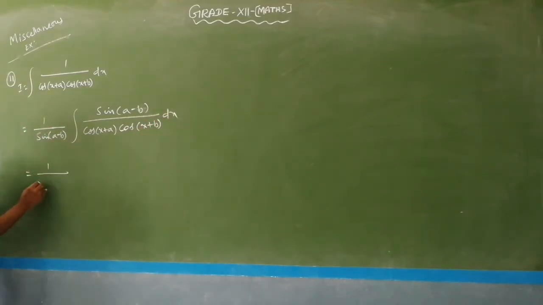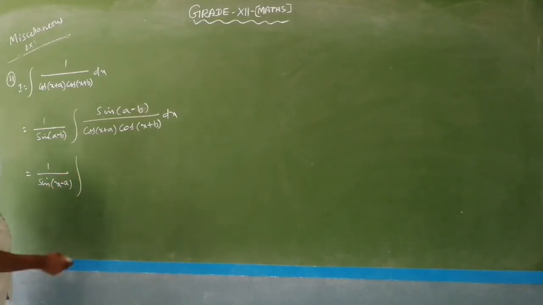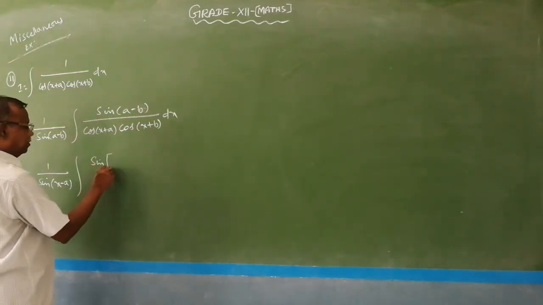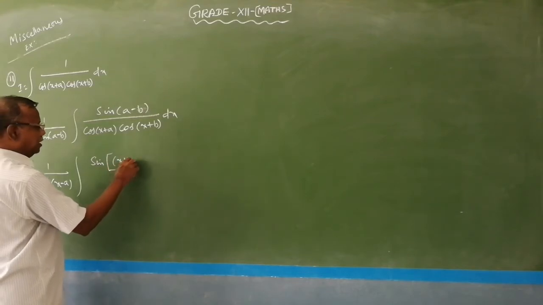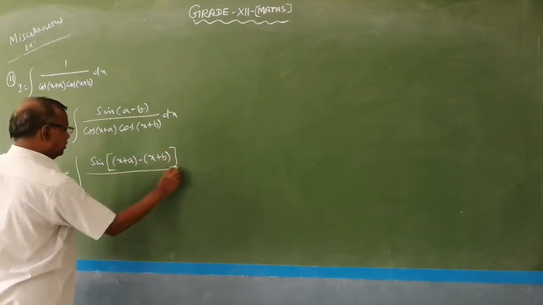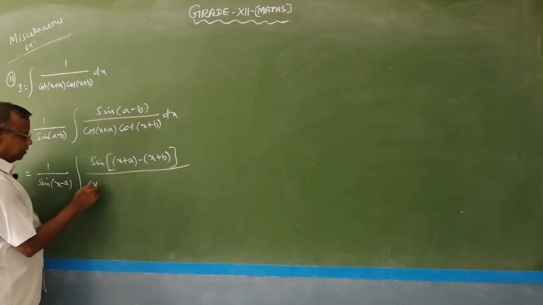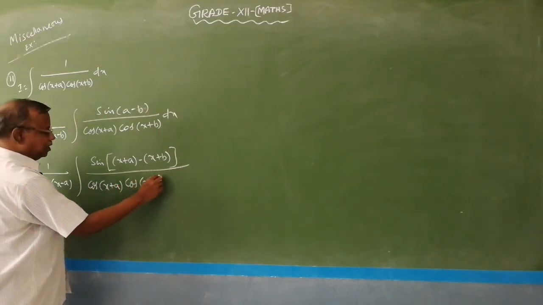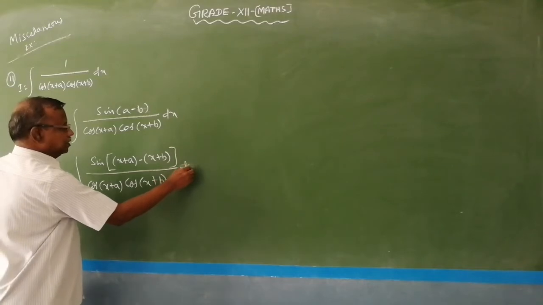Now, sin of a minus b can be written as sin of x plus a minus x plus b, whole divided by cos of x plus a into cos of x plus b into dx.